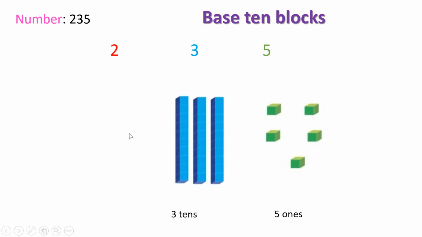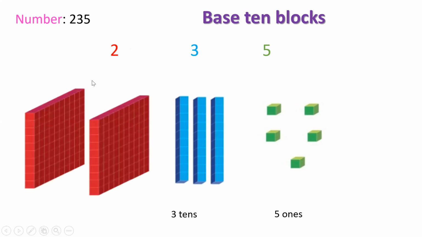That means I have 3 tens. Now, what about the hundreds? I have 2 in the hundreds, and to describe the hundreds, I will use flats. So I have 1 and 2 flats. So I have 200. This is how you will describe any number by using the base 10 blocks.